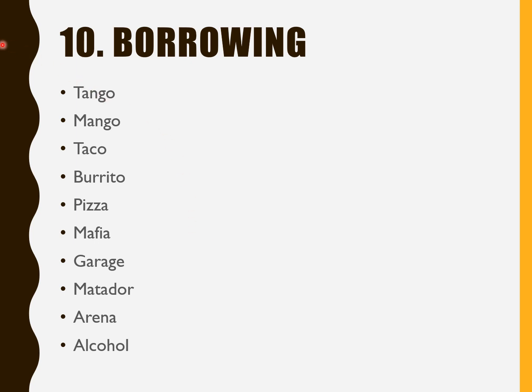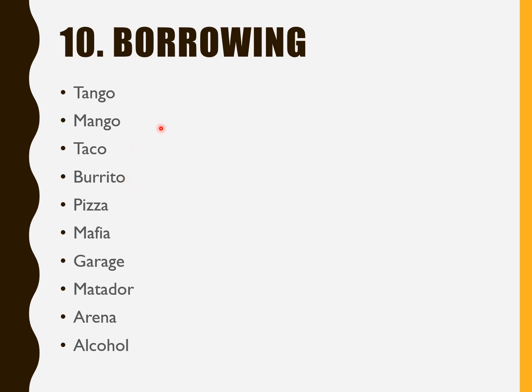Borrowing words from other languages. Borrowing is a process whereby new words are formed by adapting words from other languages together with the concepts or ideas they stand for. And here we can see common examples of words borrowed from other languages: tango, mango, taco, burrito.